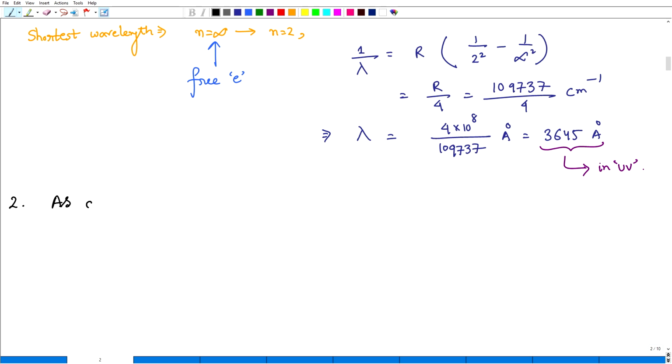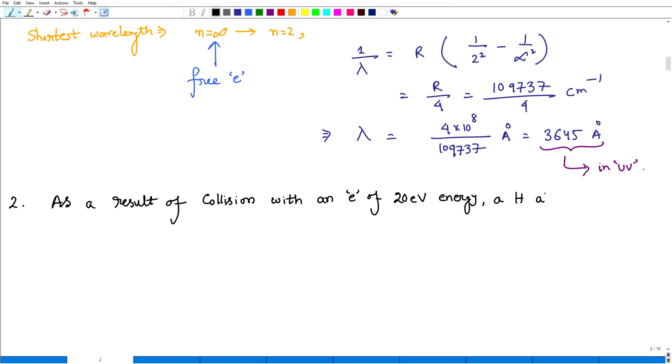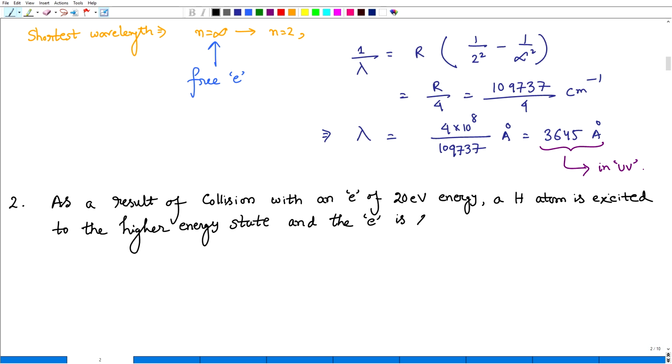First let me write the problem. As a result of collision with an electron of 20 electron volt energy, a hydrogen atom is excited to a higher energy state, and the electron is scattered with a reduced velocity.